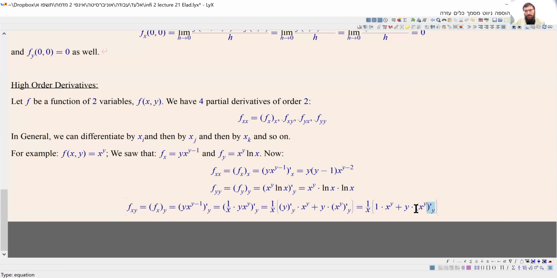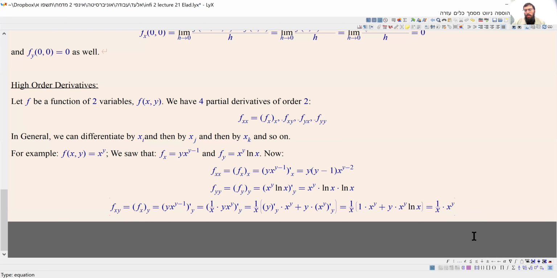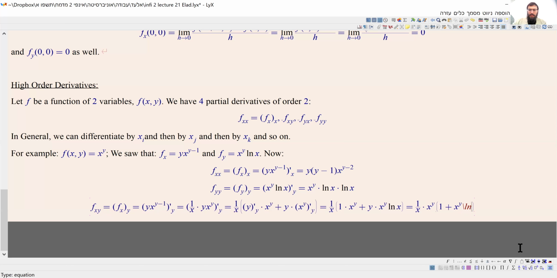And this is x^y ln x. And here I want to organize it so it will be easier to notice my corollary. I can take out x^y, and stay with x^y ln x here.